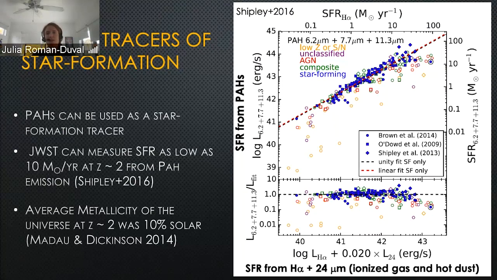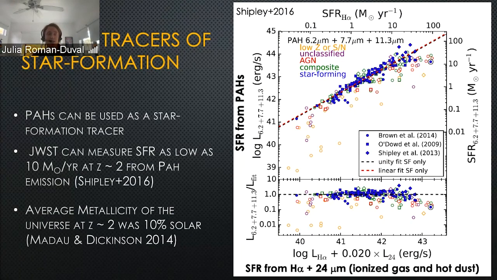And that really traces star formation that is still embedded in the native dust cloud. So you sum the two, you get the total star formation. And what you can see is that the two tracers, PAHs and H-alpha plus hot dust, correlate really well. And that basically demonstrates the power of PAHs in tracing the rate of star formation for the universe as a function of redshift.